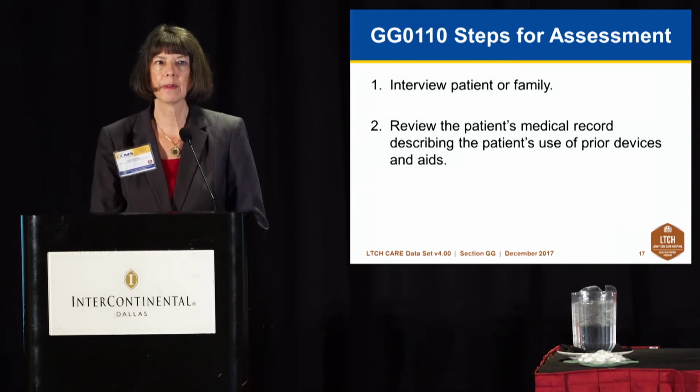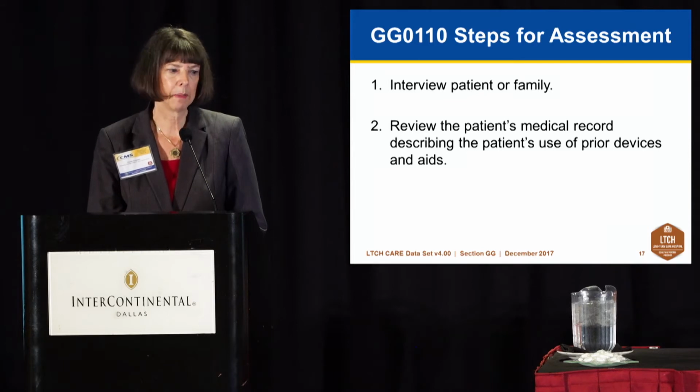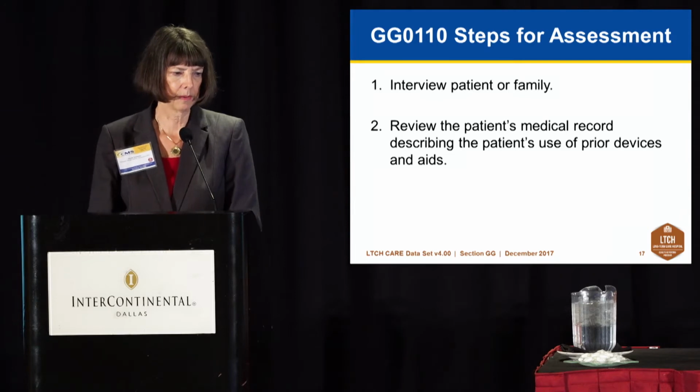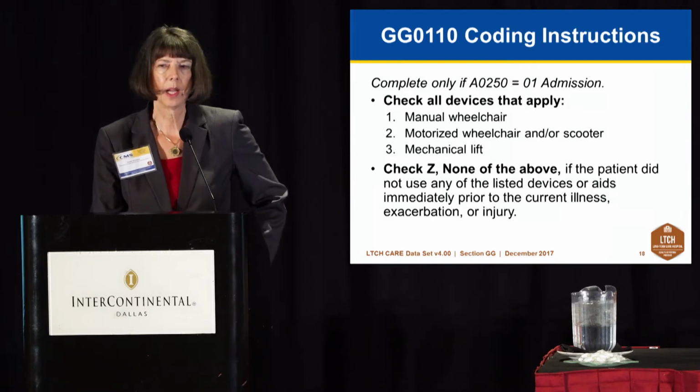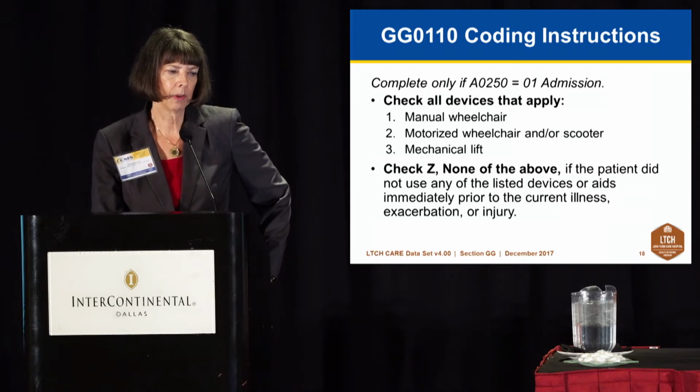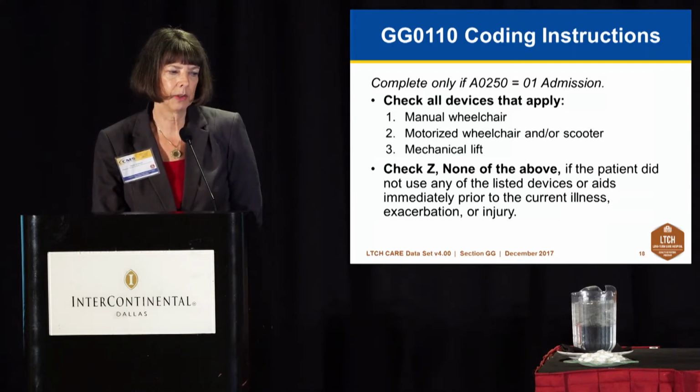And your steps for this particular item are, again, to interview the patient, talk with the patient. If they're not able to give you that information, you may have access to the family or significant other, and review the patient's record. It may be in the record describing the patient's prior use from the former facility the patient was at. In coding GG0110, you're only completing this at admission, and you will check all devices that apply.